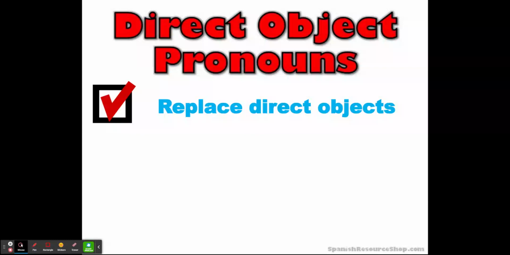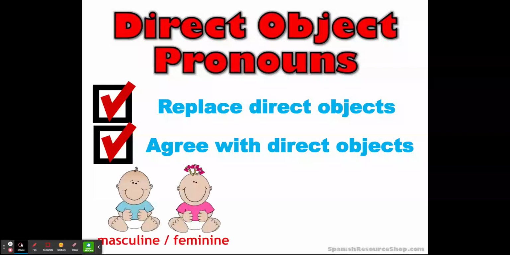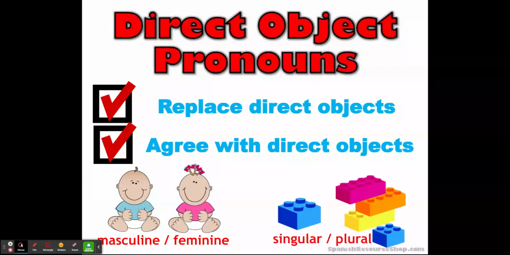Now we're going to take a look at direct object pronouns. I recommend you take notes and start memorizing them. Direct object pronouns replace direct objects. That's the function they do. They agree with direct objects in gender, masculine or feminine, and in number, singular or plural.